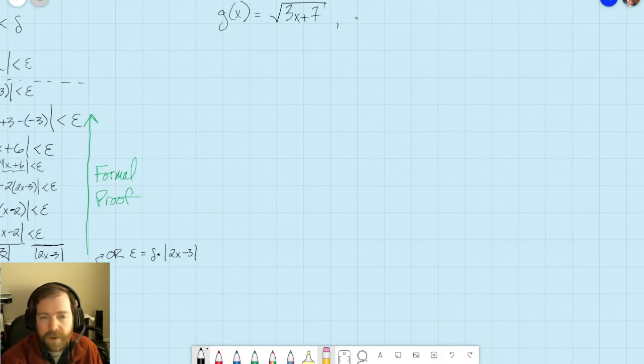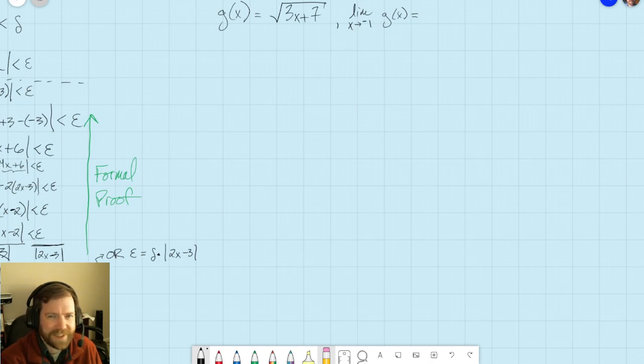Okay, and then we want to take the limit as x goes to, let's just do negative 1, of g of x, which is equal to, in this case, our L value, what we call L, is going to be... This isn't going to be nice, is it? That was a mistake. Oh no, actually, it works out.